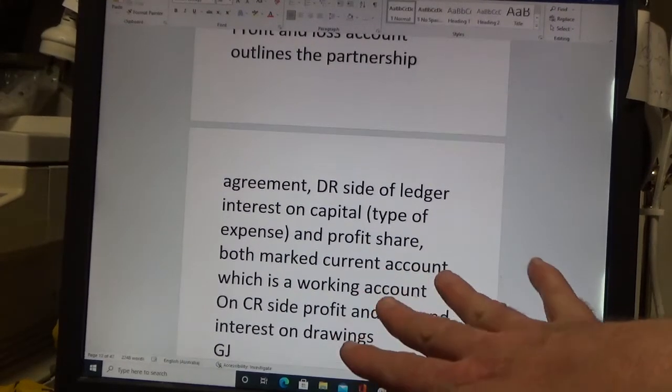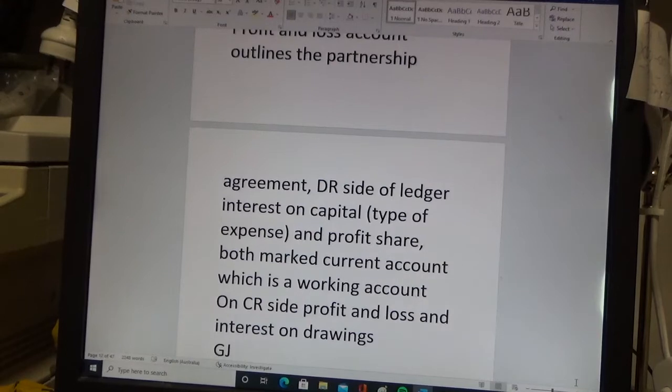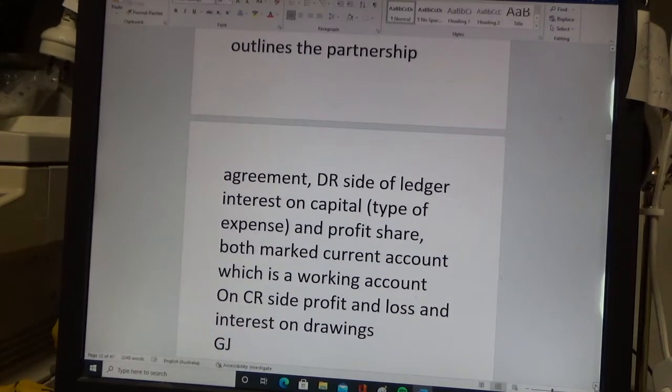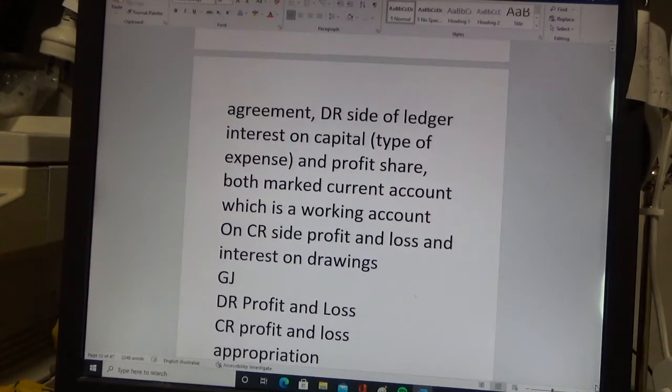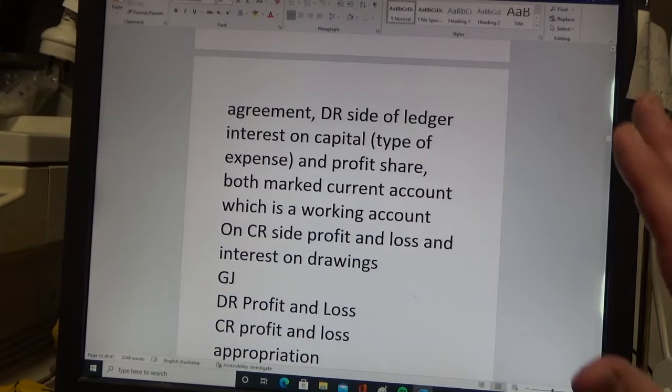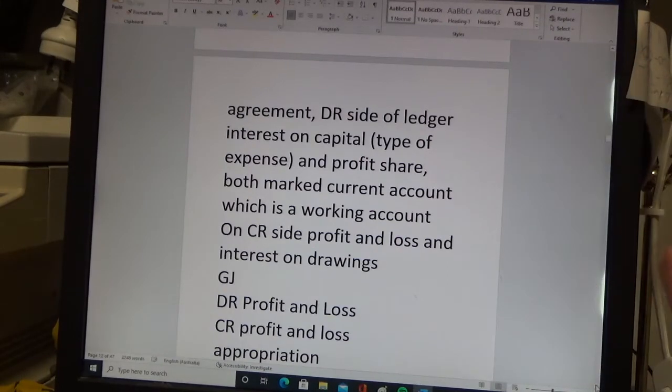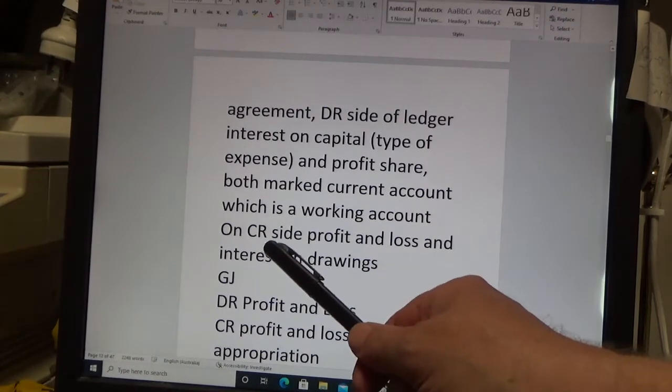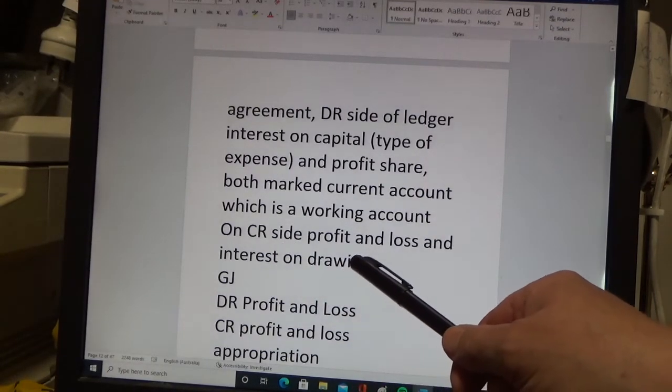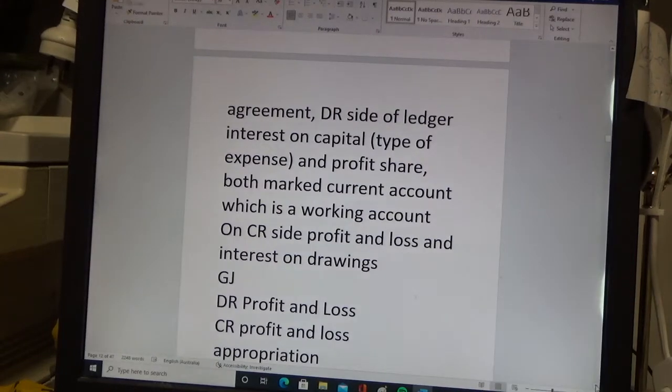Current account is like your day-to-day sort of transactions, okay? I don't even think you have to have a current account for a really simple partnership, but you'd have to put all the day-to-day entries in capital accounts. So current account just makes things easier for the categorization of entries. And on the credit side of profit and loss appropriation, you've got profit and loss and interest on drawings.